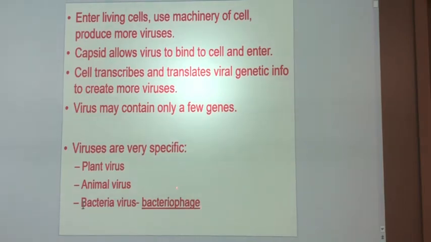Now I do want to go back here to this animal virus. Viruses are specific, but, and this is a big but here, capital B-U-T, viruses will mutate and change and therefore have the ability to adapt and evolve. It's a very good example of natural selection when a virus adapts or evolves.